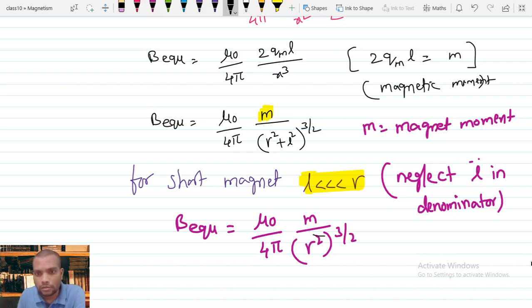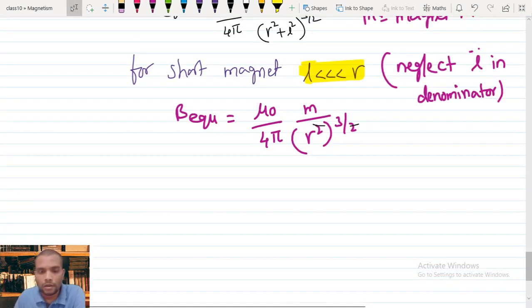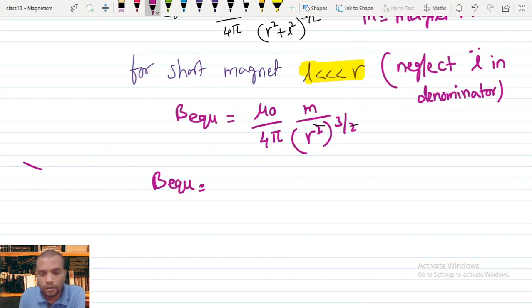So you can cancel the 2 and 2 here. So the magnetic field due to equatorial, B equatorial, equals mu naught upon 4 pi times M upon R cube. Don't be bored, just practice with this.